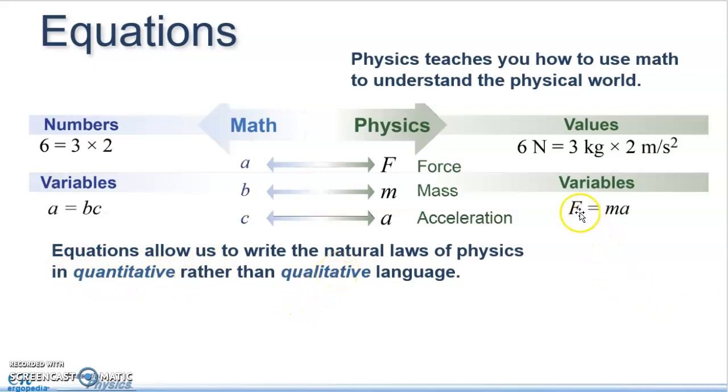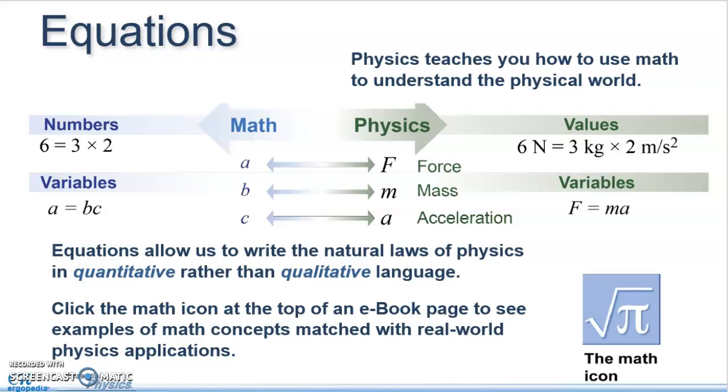A qualitative interpretation of this equation might be that if you increase the acceleration, then an increased force would be needed to cause that increased acceleration. You can go to your textbook and click the math icon to see examples of math concepts matched with physics applications.